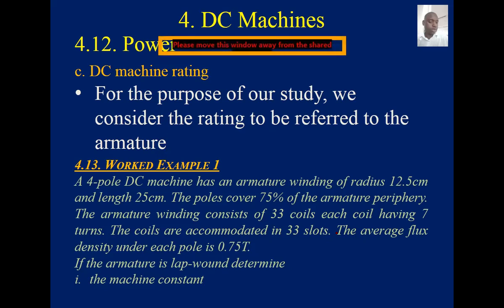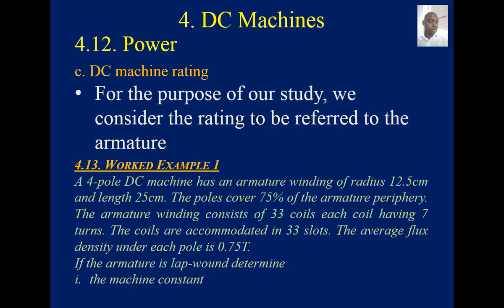So let's take a simple example and see if we can apply the simple theory that we put in there to make calculations. So in our example, we are talking about a 4-pole DC machine, which has an armature winding of radius 12.5 centimeters, and it has a length of 25 centimeters.